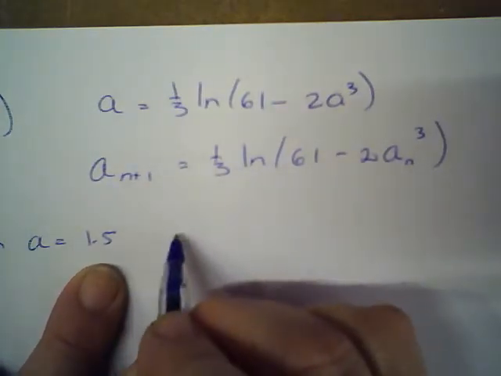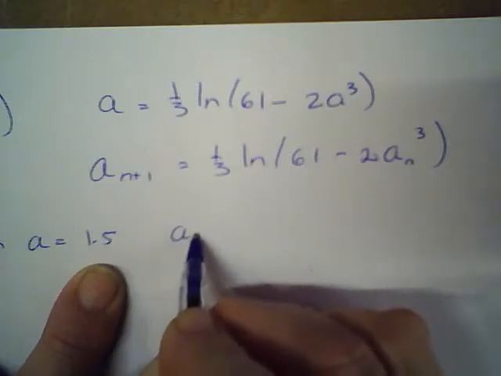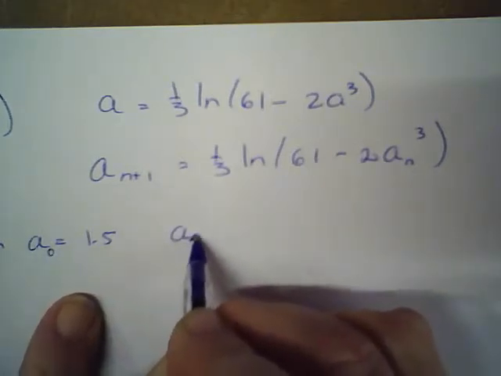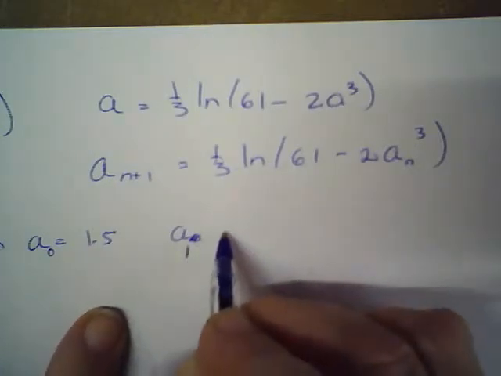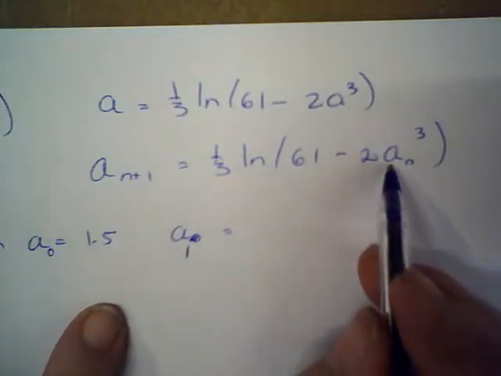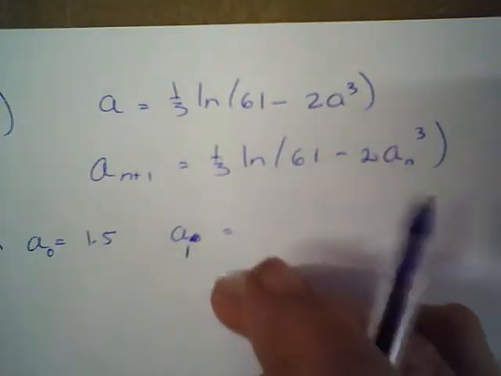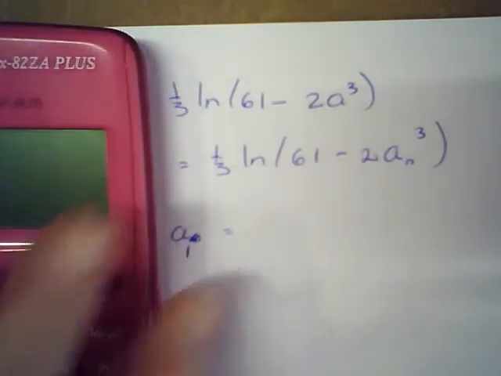We can say that a0 is 1.5, so a1 would be, now I'm going to plug 1.5 into that space where there's an a. I want to show it to you on the calculator, if you don't mind.